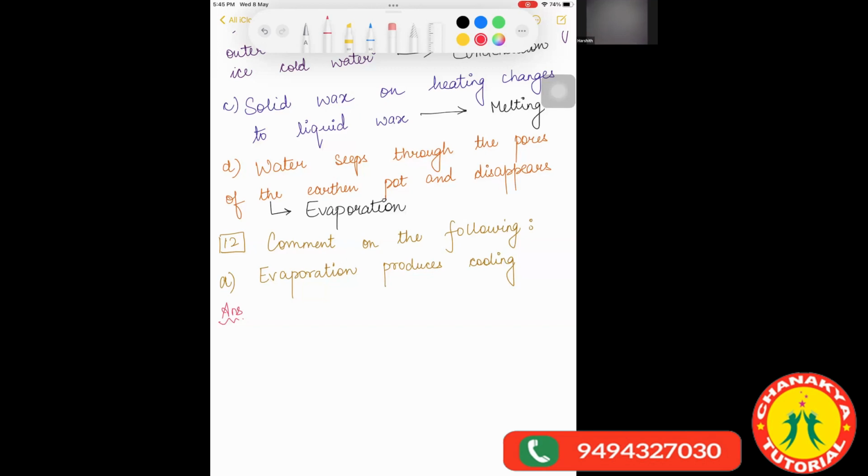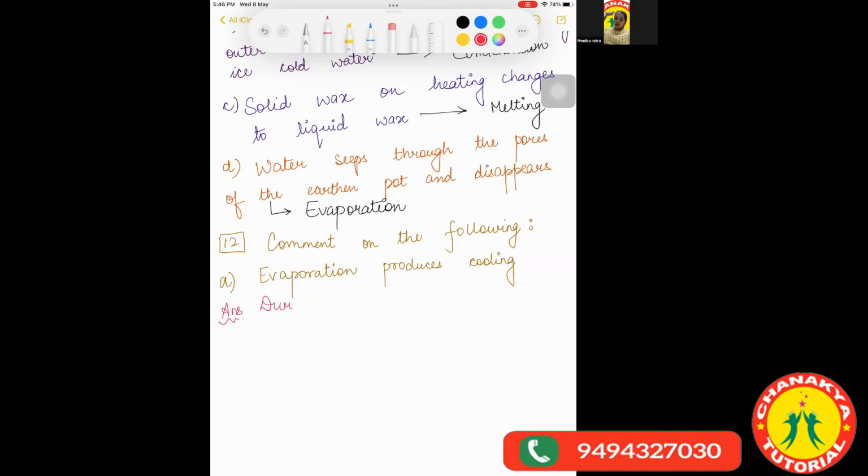Ma'am, can I? One second, Harshit. Yukta, do you know the answer for this one? Yes, ma'am. While evaporation, the heat is basically taken by the body on which the evaporation is happening, because of which the cooling happens to the body. Right.